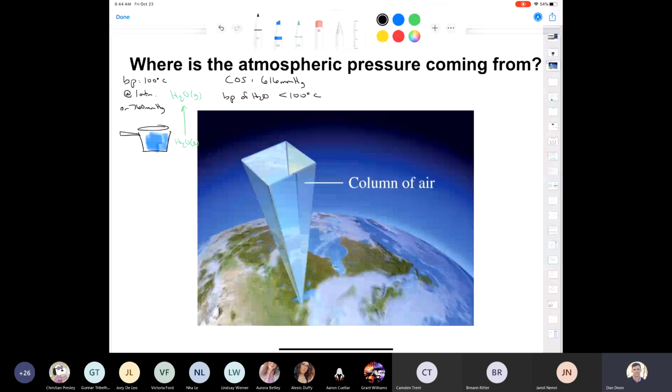Now, let's see if we can rationalize why that is. If you are at the seaside, and you have your pot of water, let's say that the bottom of this column of air is at the seaside, or at a lake that's at sea level. Well, you have all the pressure of this column of air pushing down on the molecules that are in the liquid phase, right?